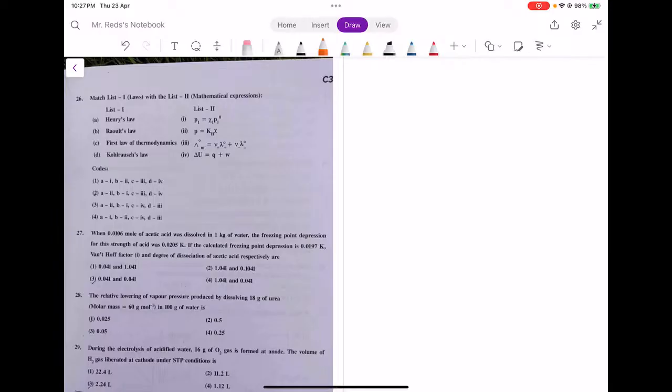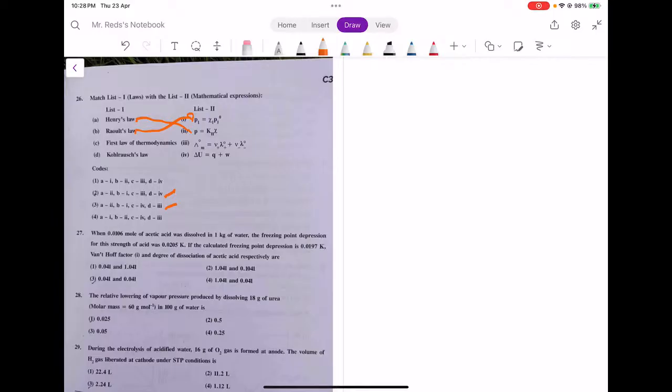Henry's law is P is equal to Kh into X, so A is equal to 2; in options 2 and 3. Next, Raoult's law: partial vapor pressure of the component is equal to mole fraction of that component into vapor pressure of the pure component. So B is 1.